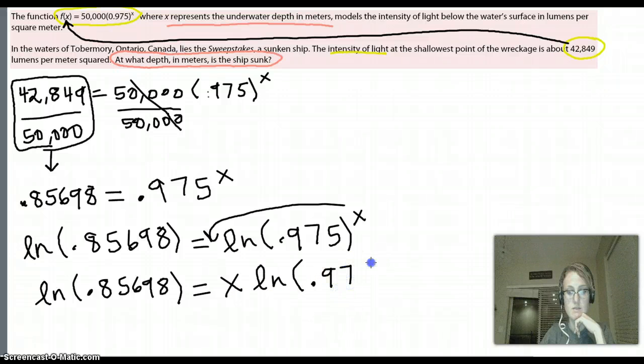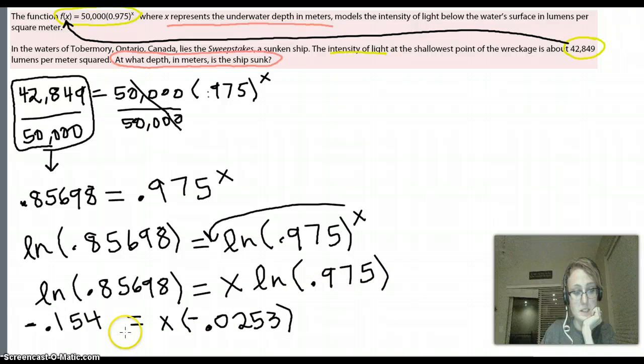0.975. Pardon me while I put these logarithms into a calculator. Okay, I got a couple decimals for us. This logarithm turns into negative 0.154, and this logarithm, the one that's being multiplied by x, turns into negative 0.0253.